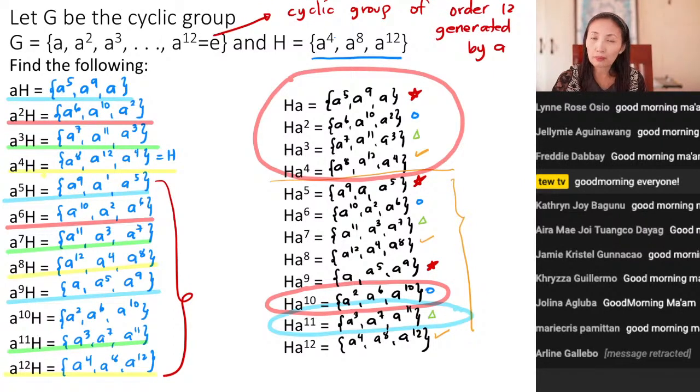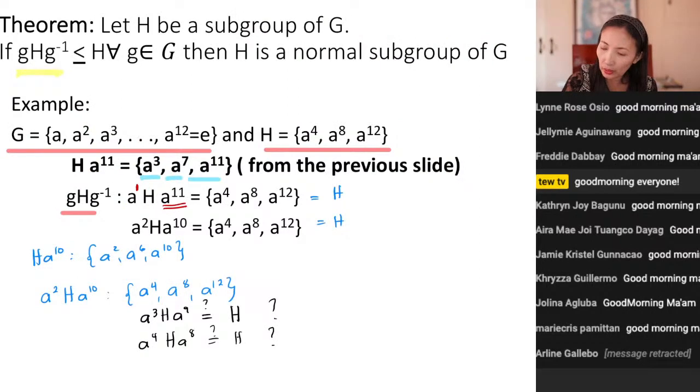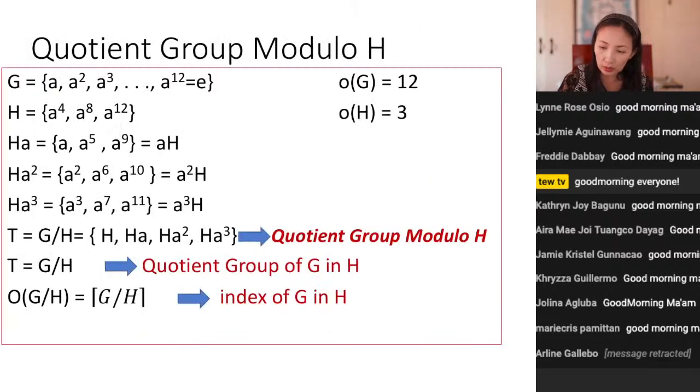Okay, the group G. So going back to that concept of quotient group modulo H, we have established this already, that HA and AH are equal, HA squared and A squared H, HA cubed and AH cubed, okay.